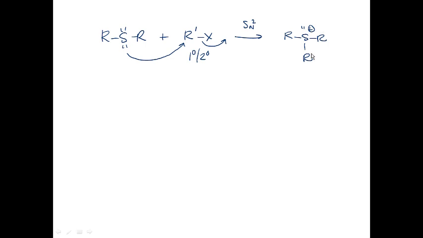So we could have 3 alkyl groups around the sulfur. It would have a formal charge of +1. And then our counterion for this would be the halide. And so this forms what's called a sulfonium ion.